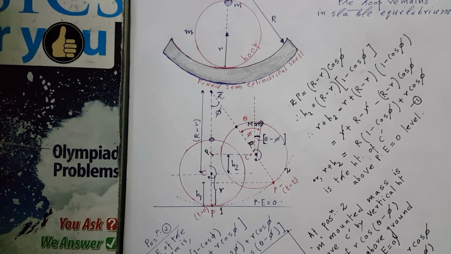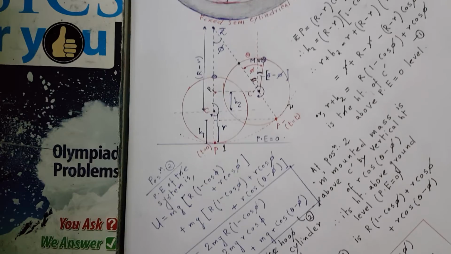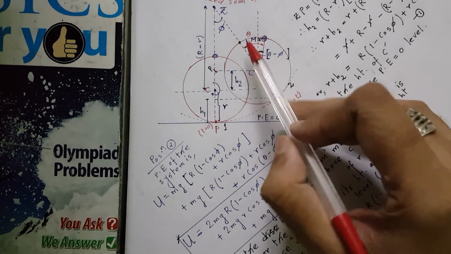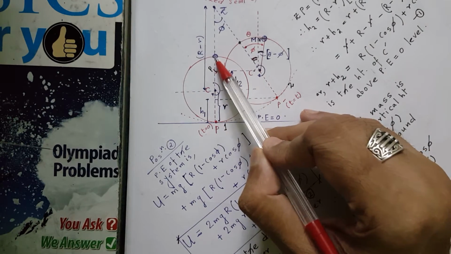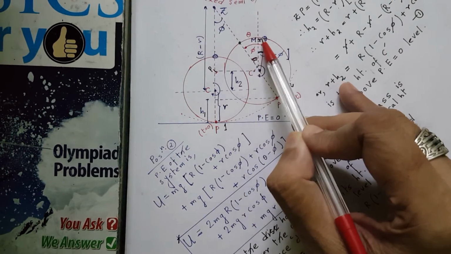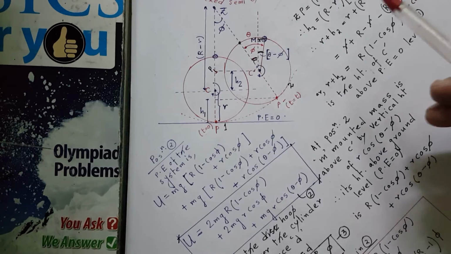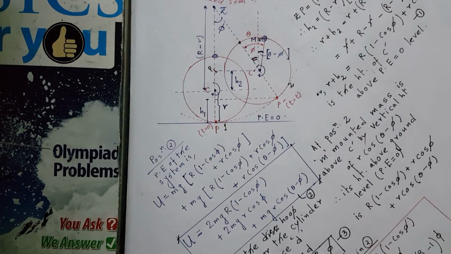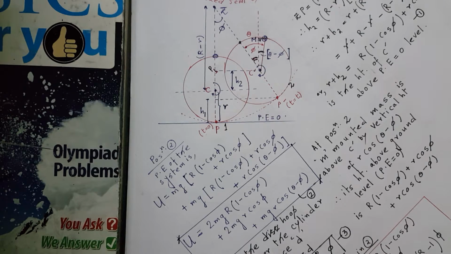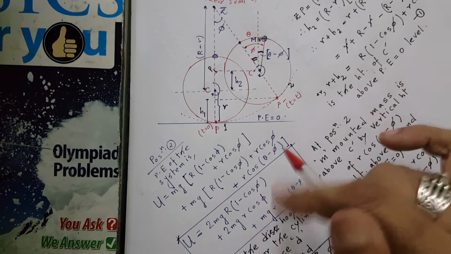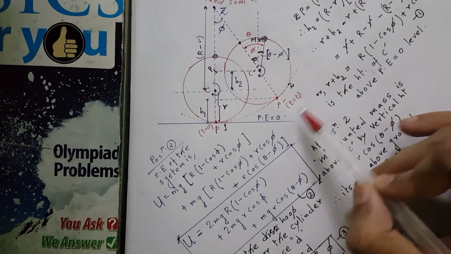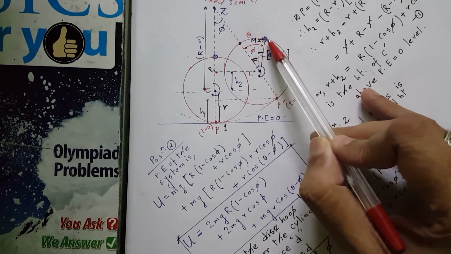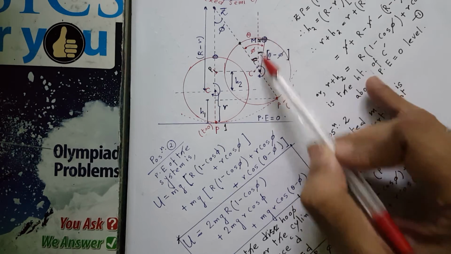Once we know it, let's see the next part. At position 2, you see the mass m from here has actually landed up here. So the mass got elevated by what distance? That's exactly what we need to find out. Please see that in this position 2, at a later instant of time, the mounted mass is making what angle with the vertical?